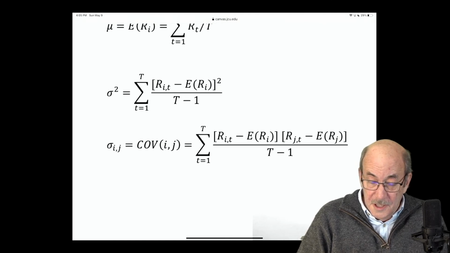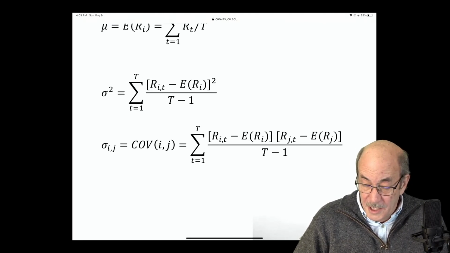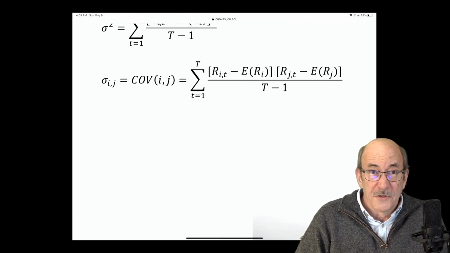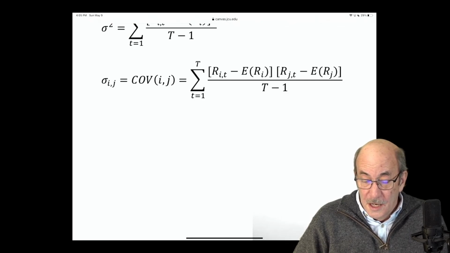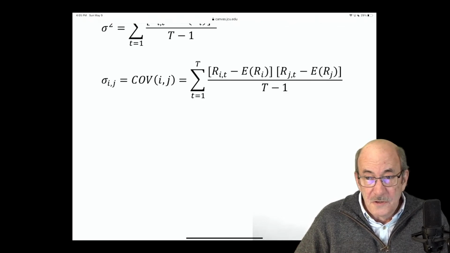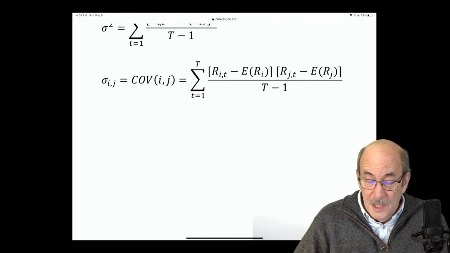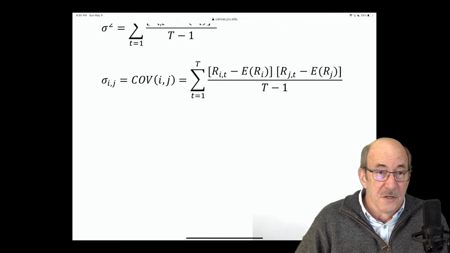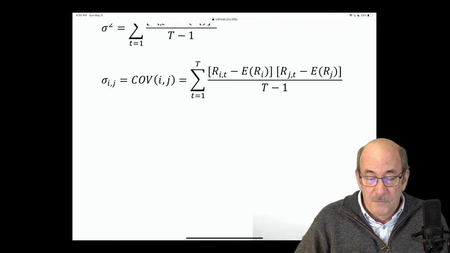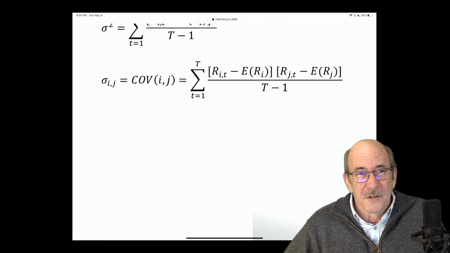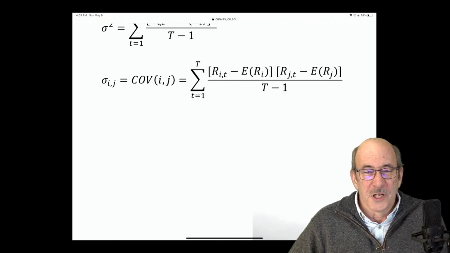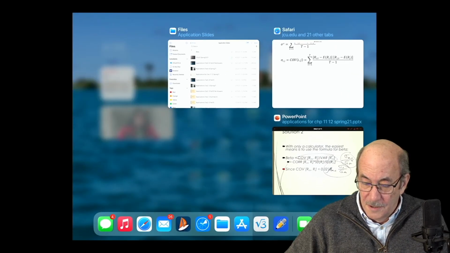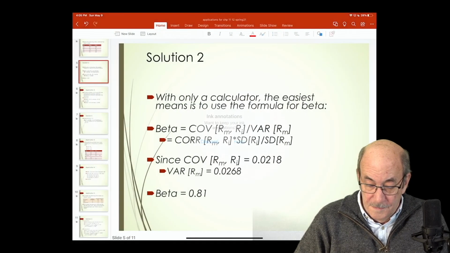And this E of R sub I, and down here, E of R sub I and R sub J, those are just simply the estimated means, right? You can substitute in the market for either one of those, whether it's I or J, it doesn't really matter. Is that what you were asking about in particular? Yeah, that helps a lot. Okay, great. Excellent.